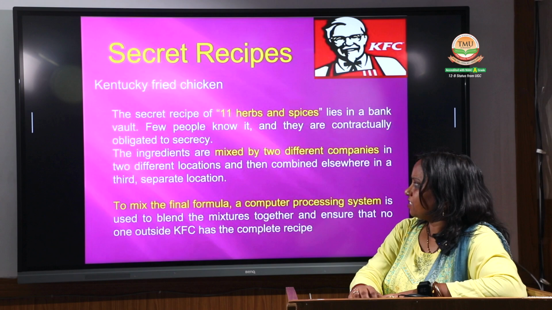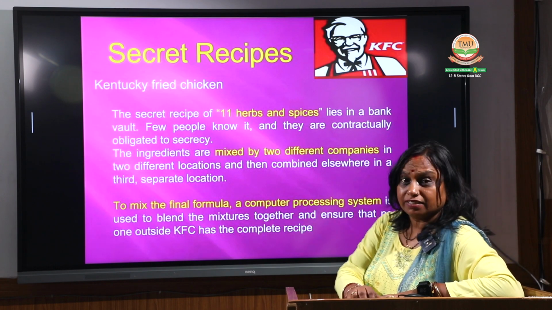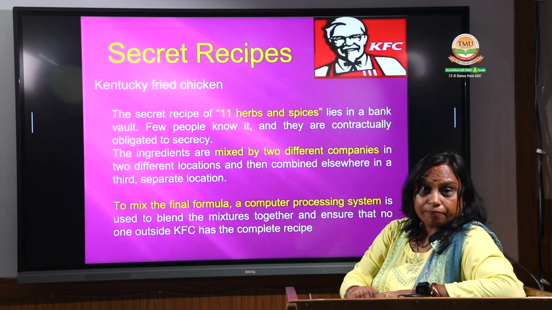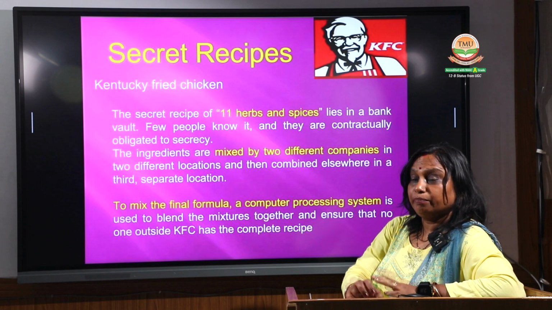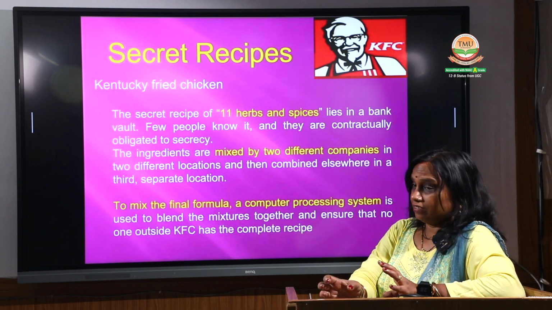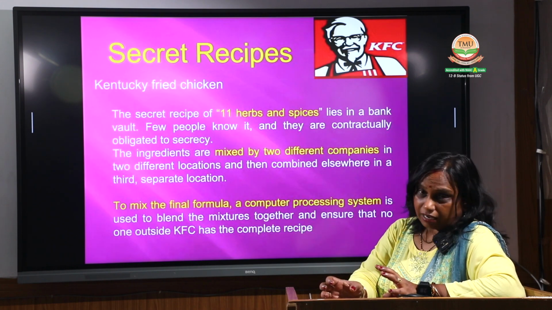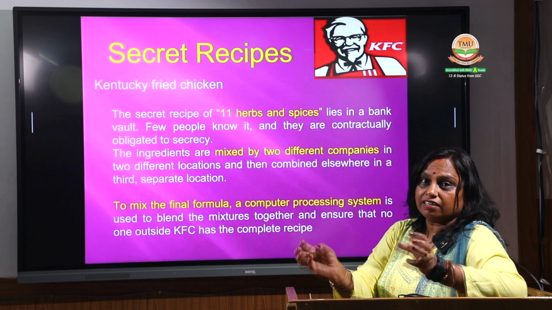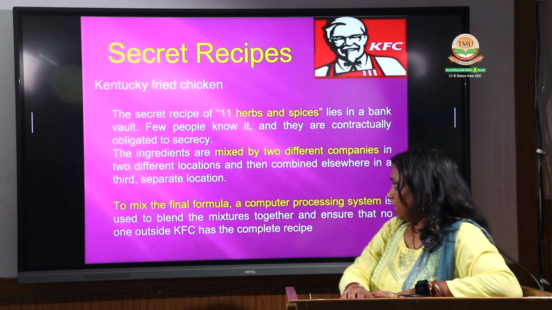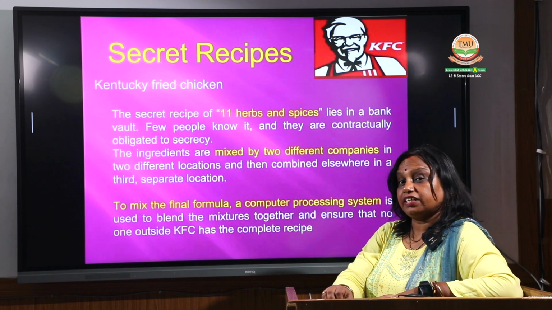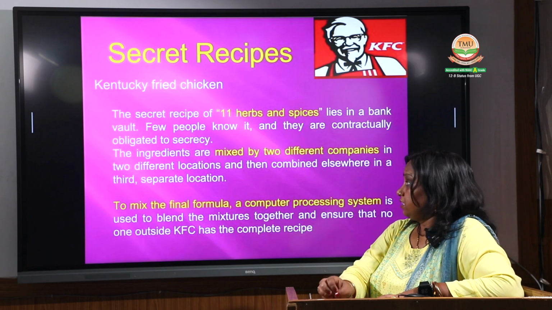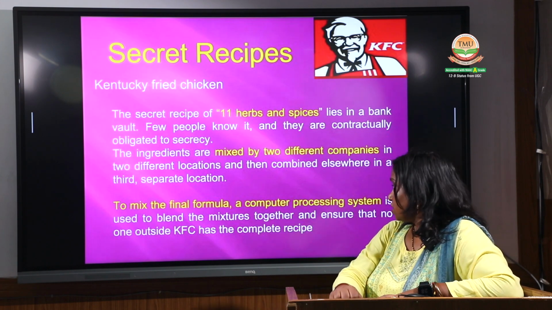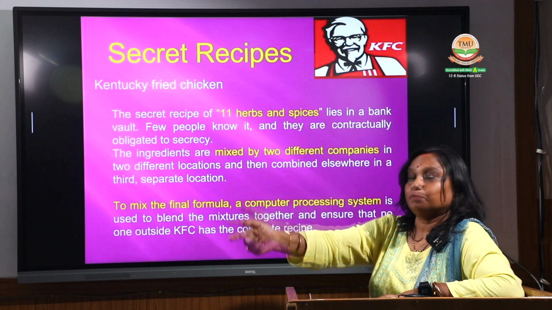The ingredients are mixed by two different companies, and after that, these are combined together. Even these two ingredients are mixed at two different locations, and then they are combined in a third place.